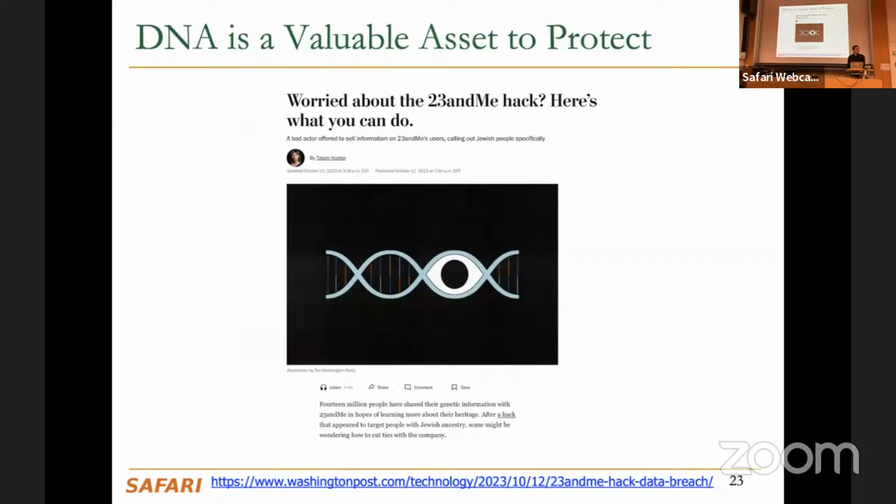Of course, DNA is also a very valuable asset to protect, right? This is very sensitive information, very sensitive data. And this has become more important very recently, because I'm not sure if you heard of it, but there was a relatively recent leak. Actually, this happened last year in 2023, where people would usually send their genomic sample to a company called 23andMe.